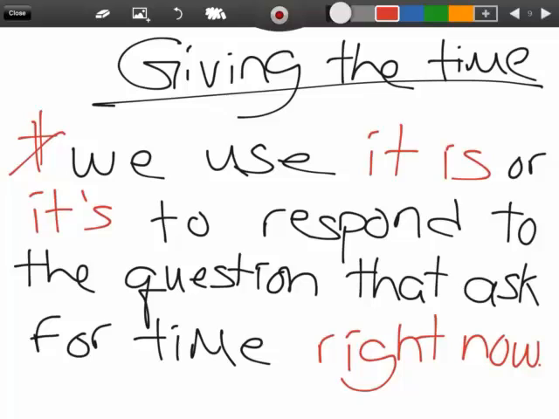For example, someone came up to me, asked me the time. They said, what is the time? I would say, it is 3:30.